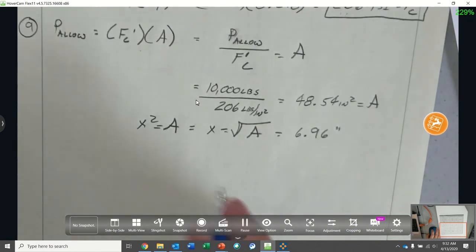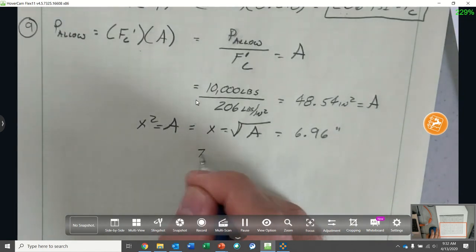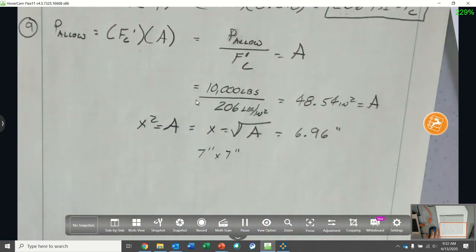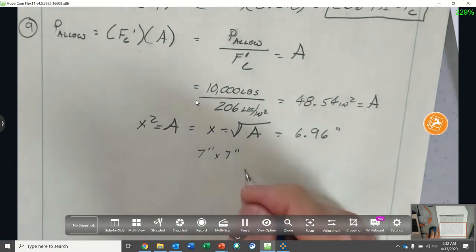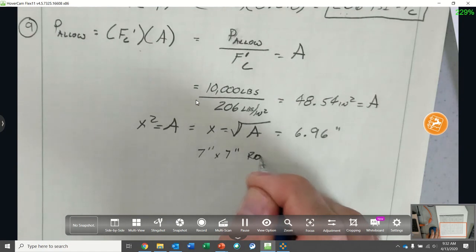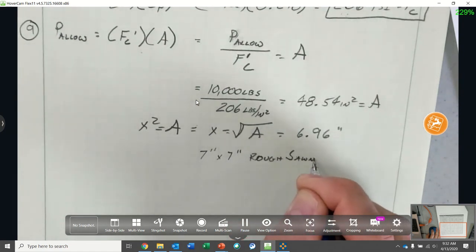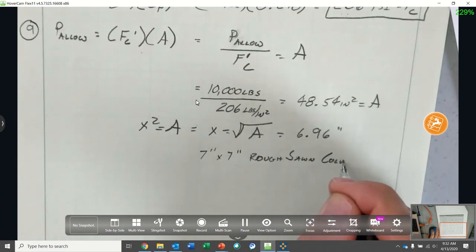So I'm going to rough cut a 7-inch by 7-inch rough sawn column.